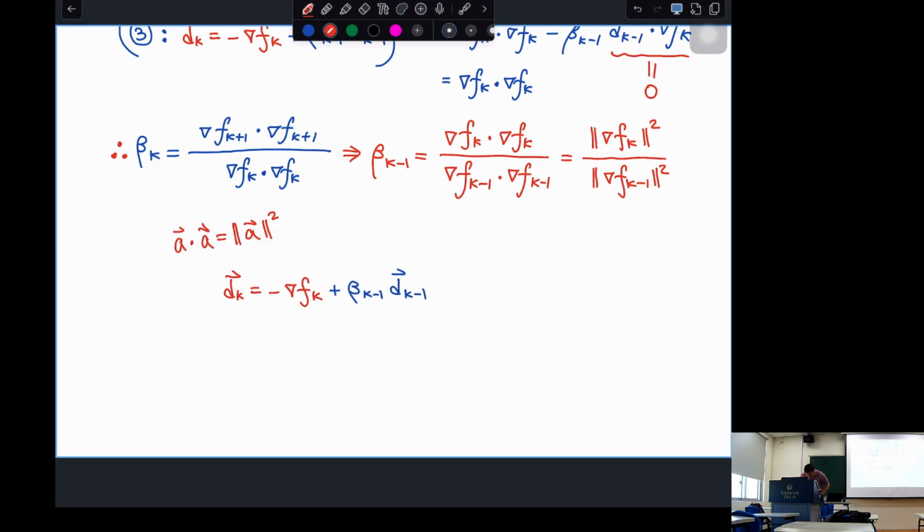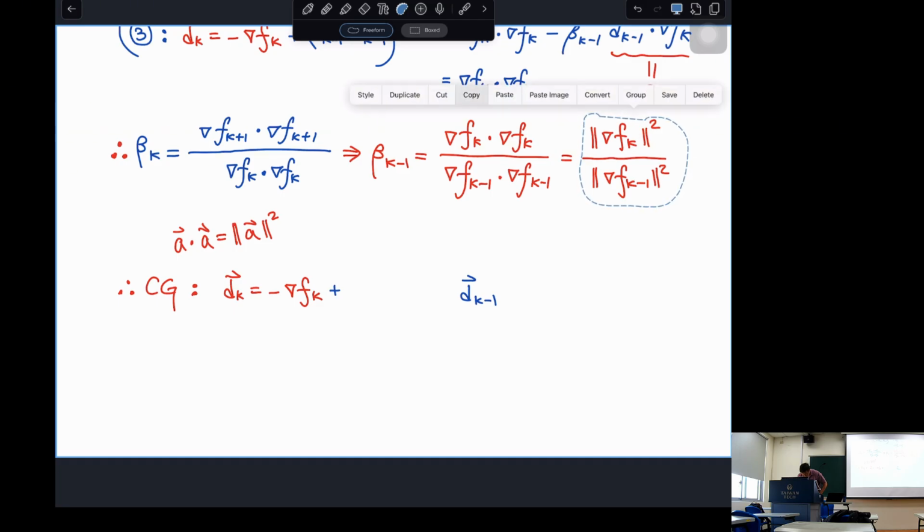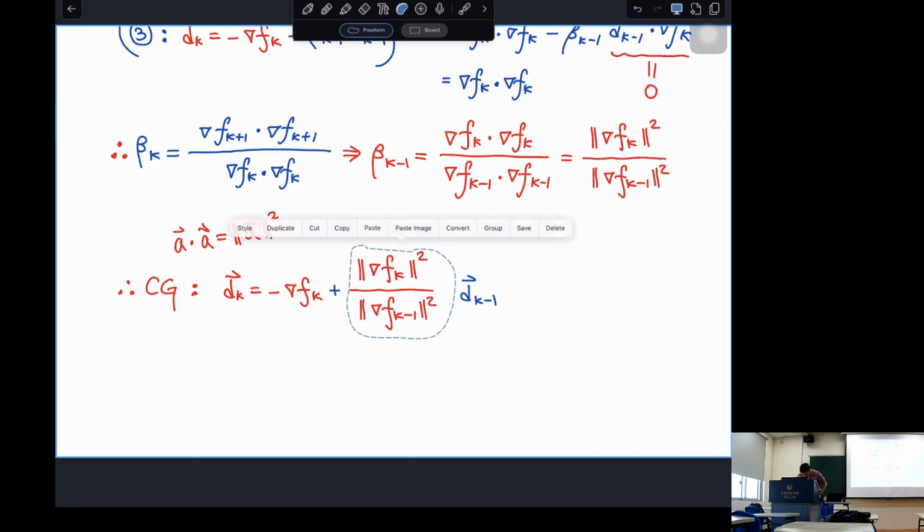So the conjugate gradient equation will be written as this. That's the conjugate gradient equation.